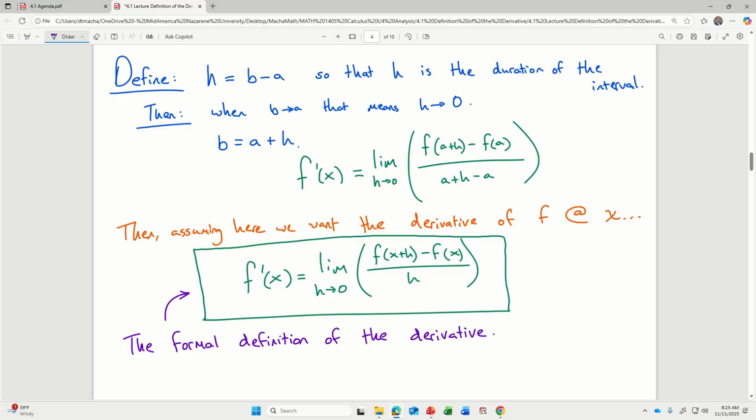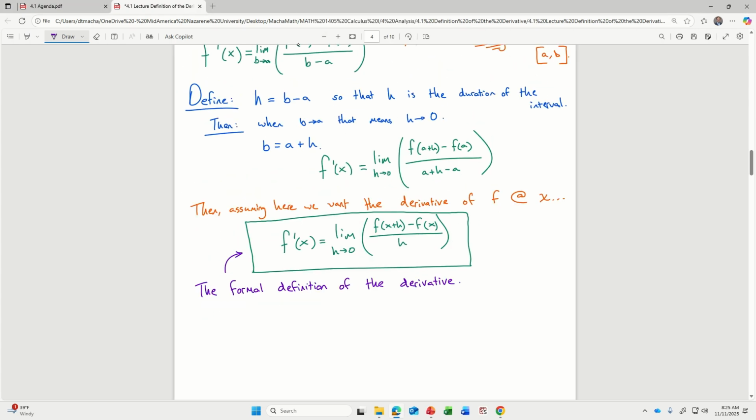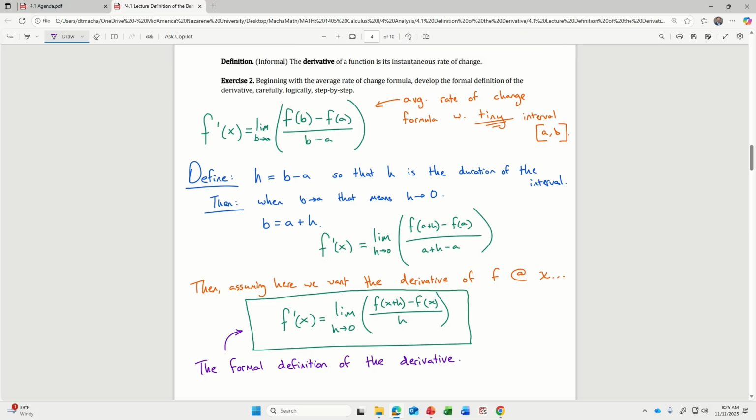It's a really important one to know. So on exercise 2 on your homework, this could be a really good test question. I might put this on your test. Say, beginning with the average rate of change formula, develop the formal definition of the derivative. You don't have to write exactly what I wrote word for word, but you have to represent the same ideas.